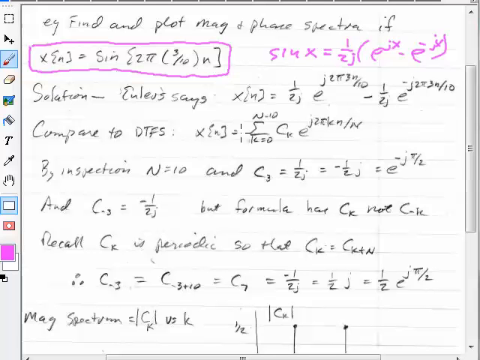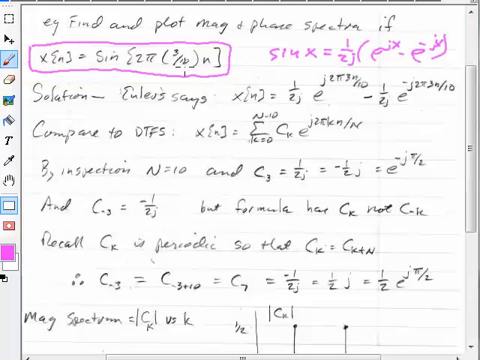Now compare that to the discrete time Fourier series shown here. It should be very clear that this is the same form, where we have a constant times a complex exponent. And we've got several of them, in this case 2 of them. By inspection, it's clear that the period of this signal is 10.